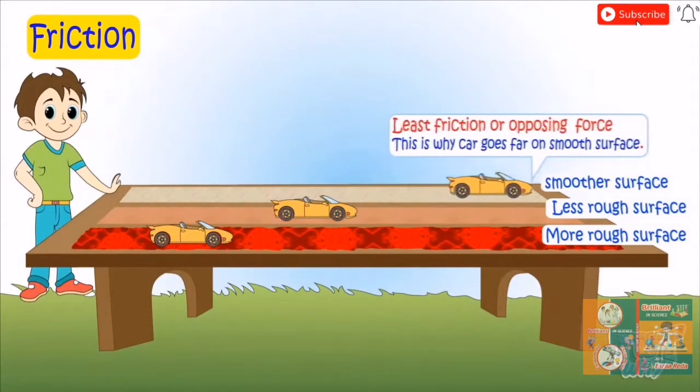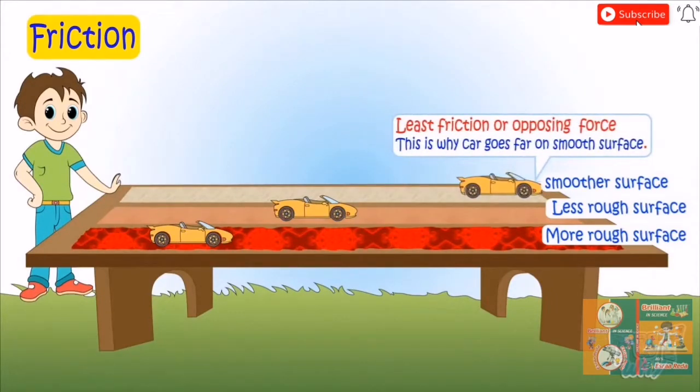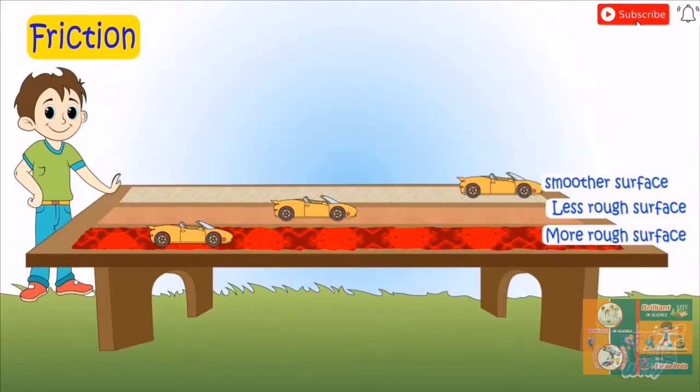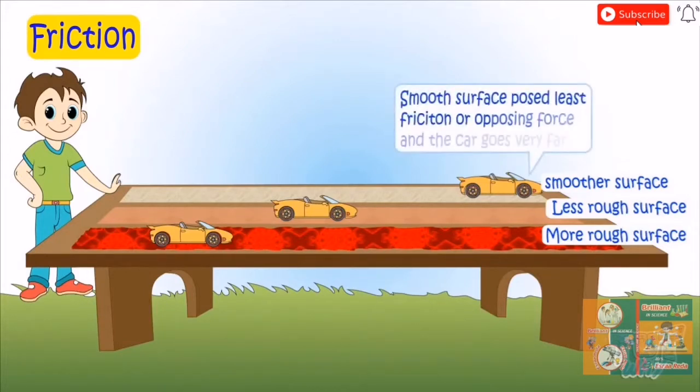That is why objects go very fast and smoothly on smoother surfaces, because there is no or very little opposing force, which is friction. So a smooth surface poses less friction, and the car goes very far.